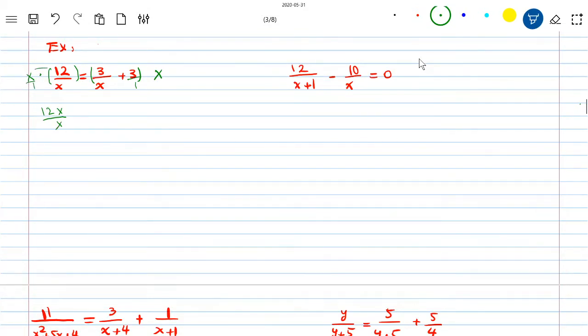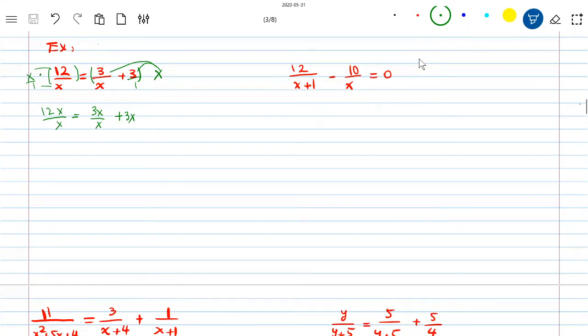On the other side, x times 3 over x, you'll get 3x over x. x times 3, you'll get plus 3x. So I'm distributing as if it was a number. You do exactly the same thing. Nothing different from a linear equation. It's just that the variable is in the denominator, and you try to get rid of the denominator, always.